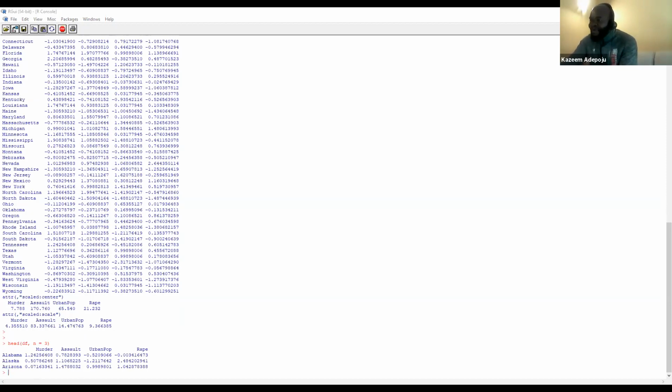Now another thing I want us to do: how do we do a clustering distance measure? I showed you the other time we have Euclidean distance. When you are setting up your distance matrix, if you want to do single linkage, complete linkage, or average linkage, you need to first set up your distance matrix.